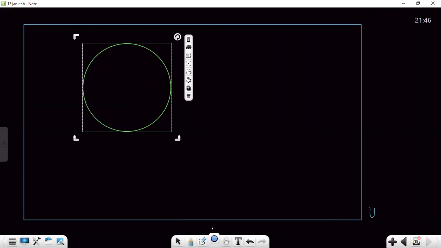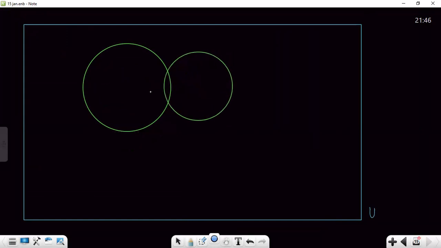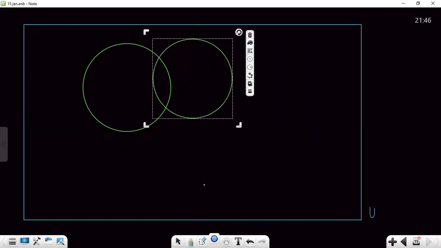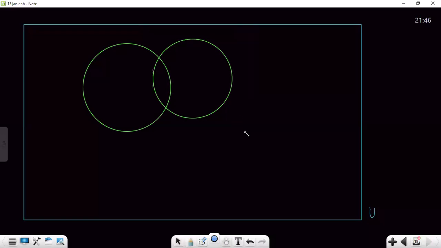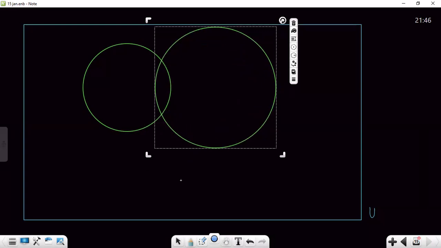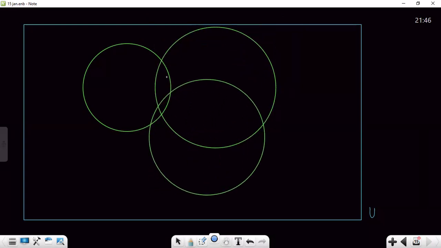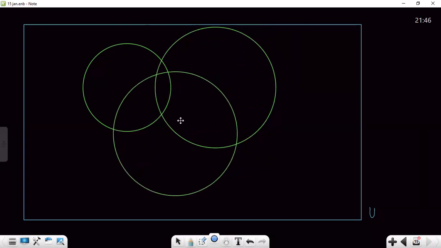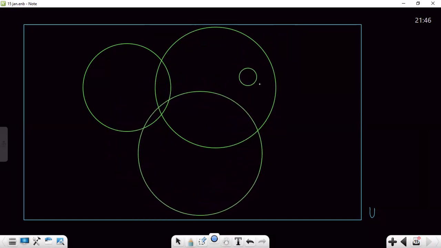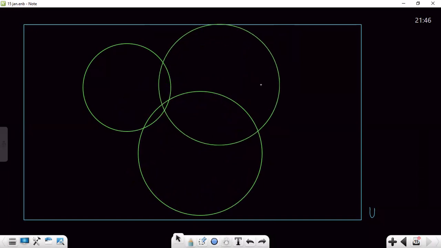This is set A. This is set B. Let's increase the size. And this is set C. I want big circles so that we can write inside them.